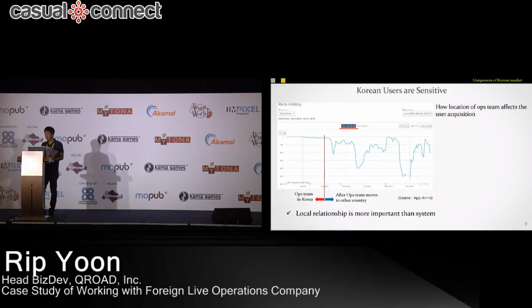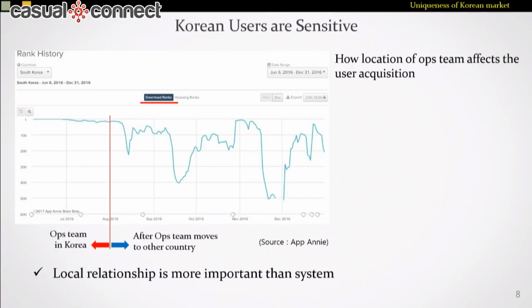And this is another example from another foreign game. This chart shows the downloads, not the revenue. At the initial stage in Korea, this game was so popular, so successful. The game really ran well.